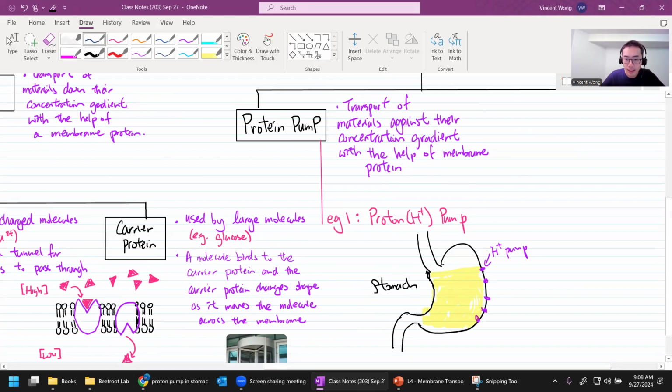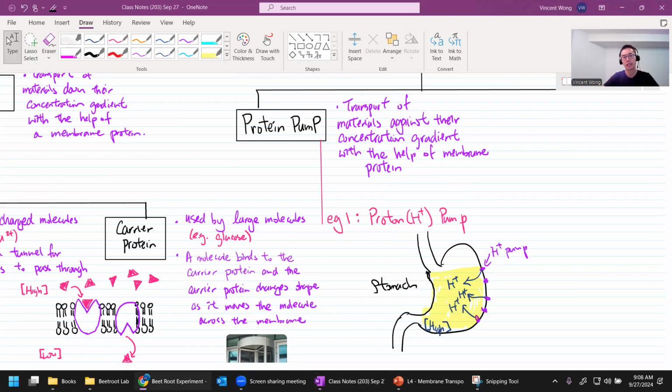You already have quite a bit of H plus in the stomach, so it's already like high concentration of H plus. But the pump will keep on adding more to it to keep it acidic, right? To keep the pH low. So that's a type of active transport.